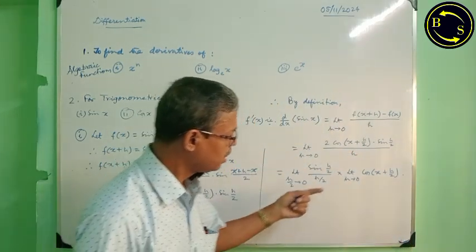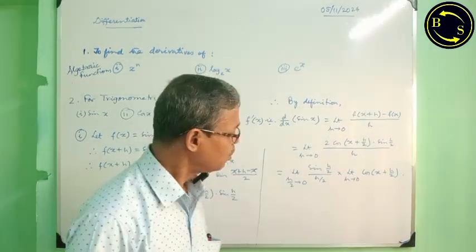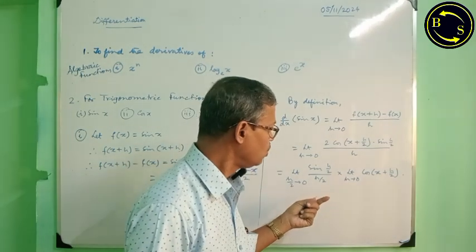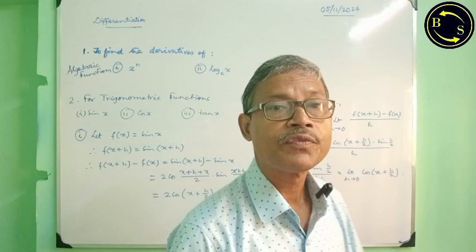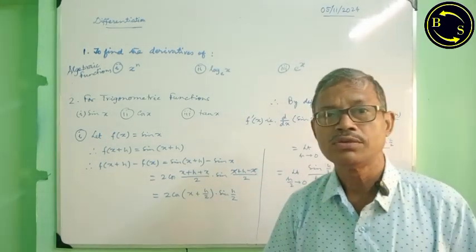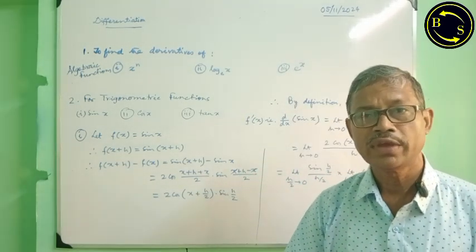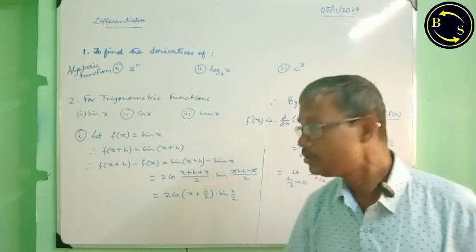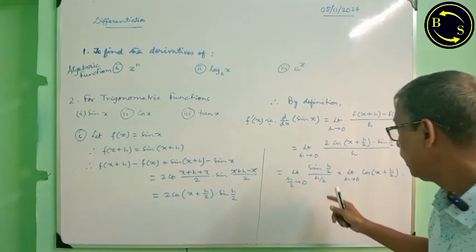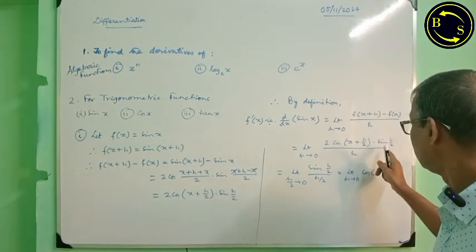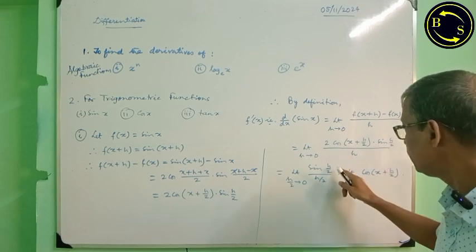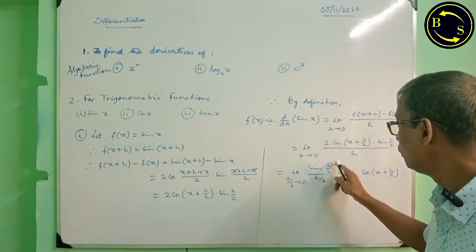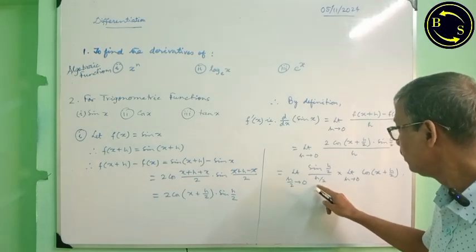I have applied the theorem or rule of limit x tends to a, f x into g x is equal to limit x tends to a f x into limit x tends to a g x. I have applied that, and as the angle of the ratio sin h by 2 is h by 2, we have to bring that angle.